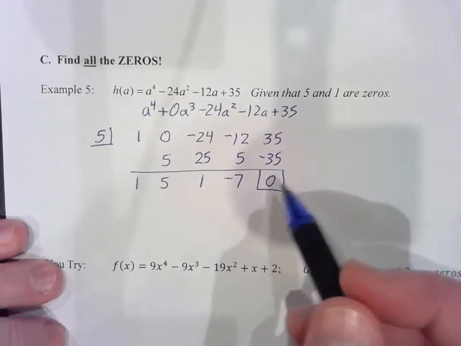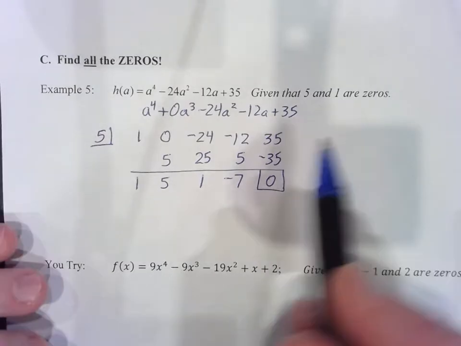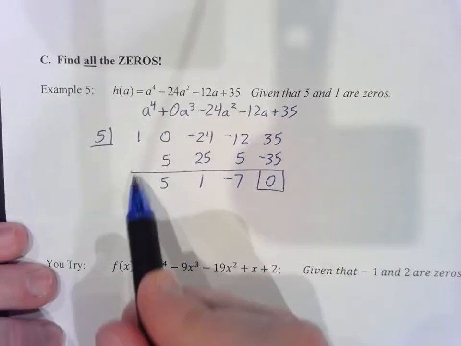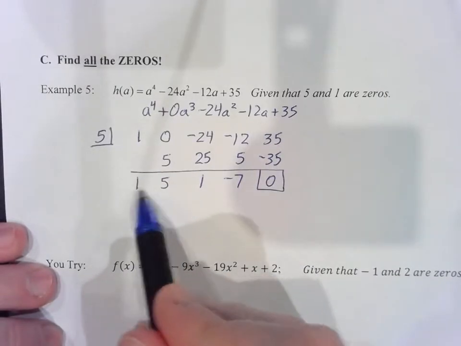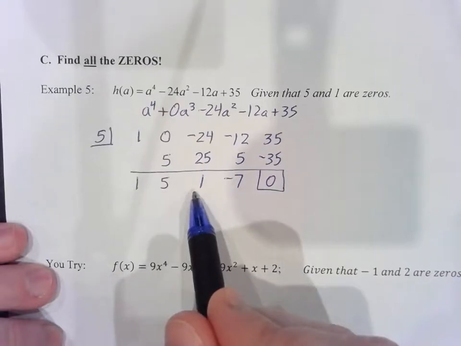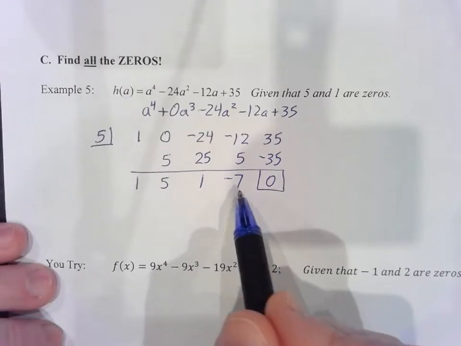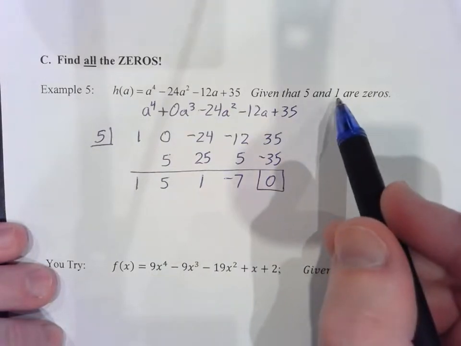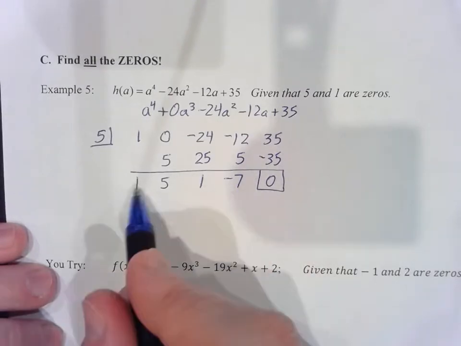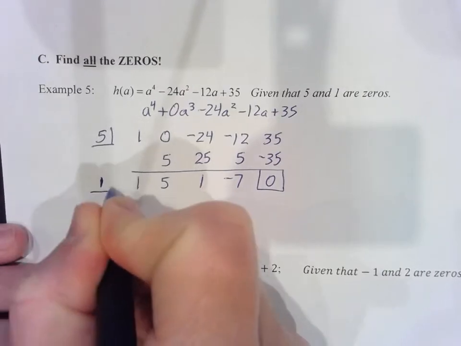So the fact that I'm given another 0 means I already took out a minus 5, and so what I'm left with is a to the 3rd plus 5a squared plus 1a minus 7. But I already have another 0 here, and this is already set up, and so I want to use those numbers with my next 0, with 1.